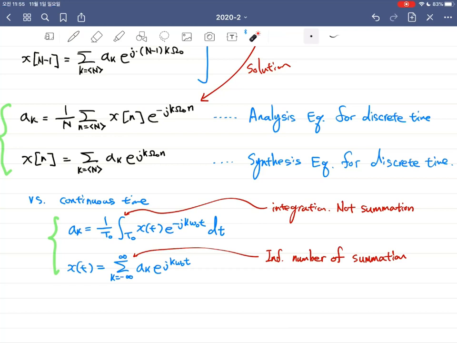So the summation is the same. You have summation for both sides here. However, you can restrict that summation to just one period for the discrete time case.